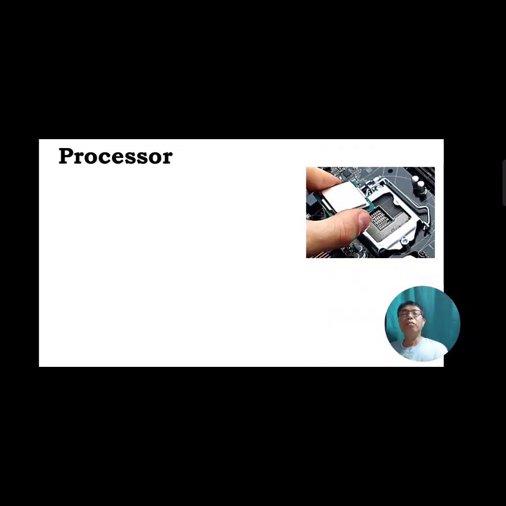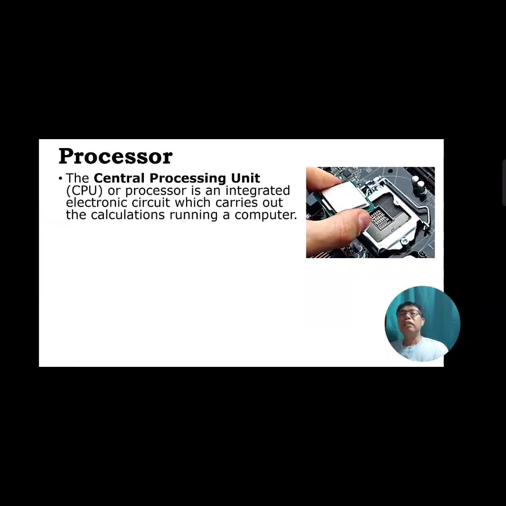Take note, the processor is inserted to the CPU socket. Okay, and processor is the brain of computer. Okay, the CPU or the central processing unit or processor is an integrated electronic circuit which carries out the calculations running a computer.